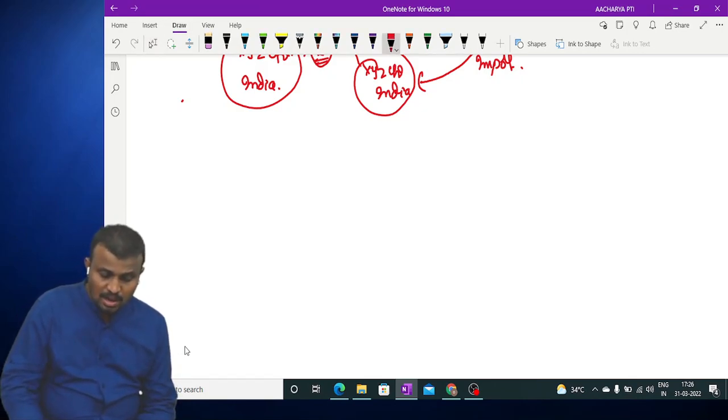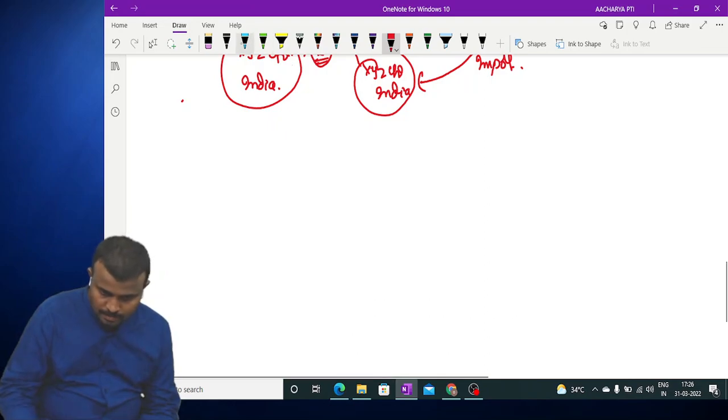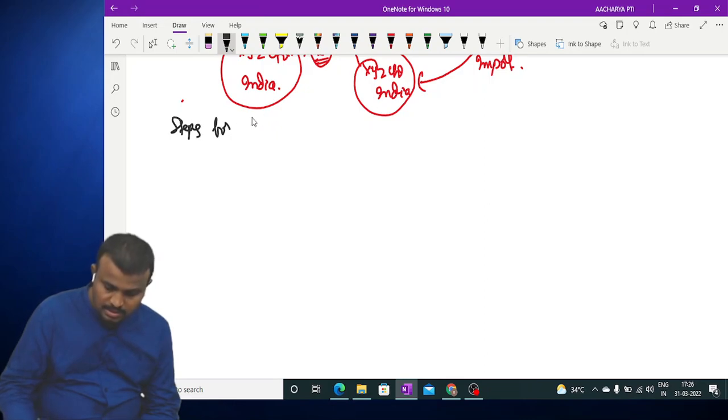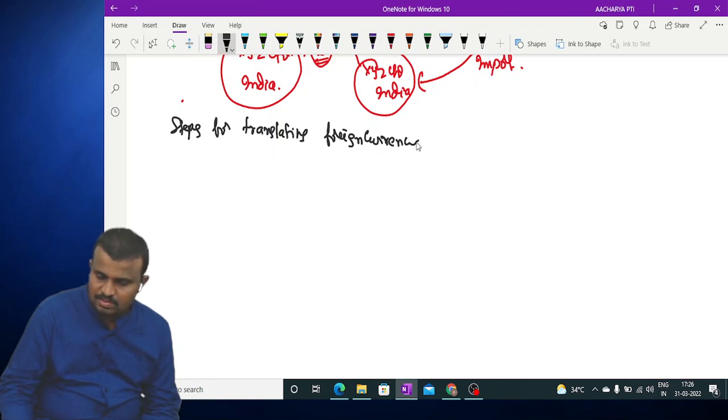First of all, what are the steps for translating foreign currency amounts into the functional currency?